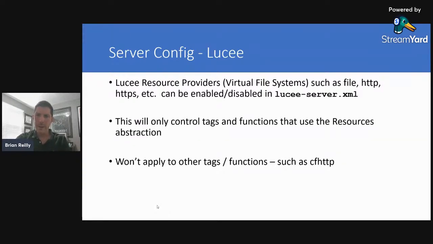Those can be enabled and disabled in lucyserver.xml. But again, like ColdFusion, it's going to be kind of an all or nothing. So if you disable one of those schemes, none of your functions are going to be able to use that virtual file system scheme.